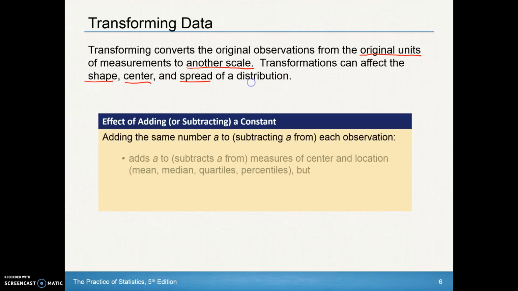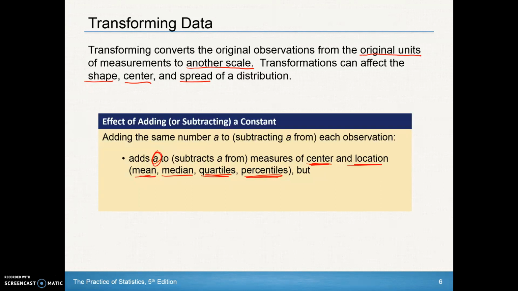Okay, so if we add the same number, some number a, to a measure of center, or location, in other words, some type of mean, median, those are measures of center. These are measures of location, quartiles and percentiles. So we're going to add a number to every measure of center.